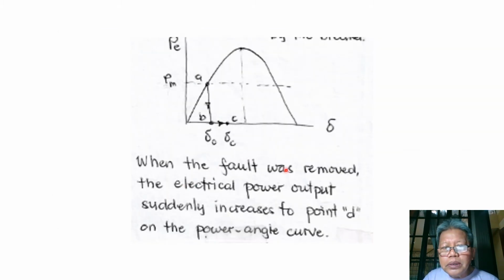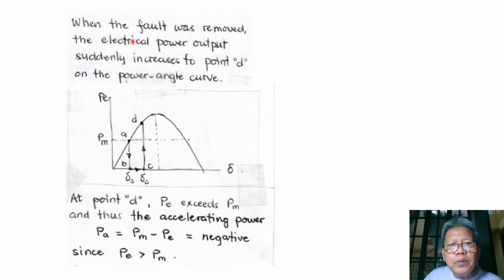Now when the fault was removed, the electrical power output suddenly increases to point D on the power angle curve. So from point C, when the fault was cleared, the electrical power suddenly increases to point D along the power angle curve. So at point D, PE exceeds PM.